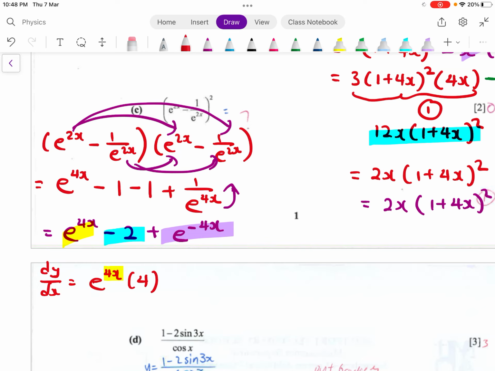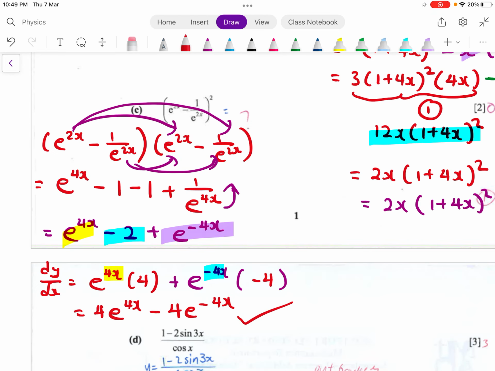The third term, copy everything you see first, e^(-4x). Next, differentiate the power, which is negative 4. You can see that it's actually quite simple: 4e^(4x) minus 4e^(-4x). Done. So that is how we do the part C differentiation.